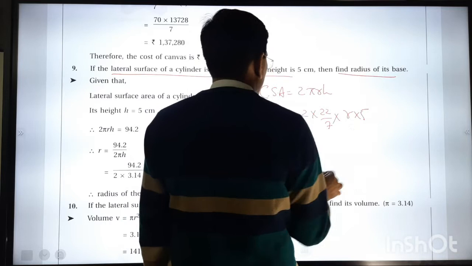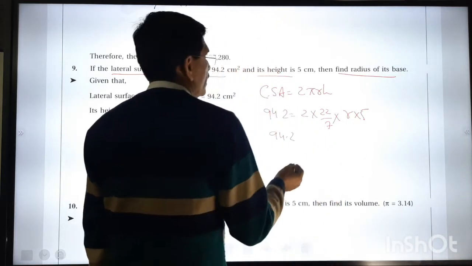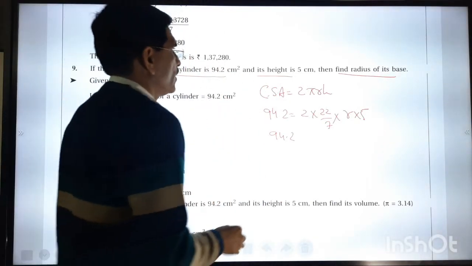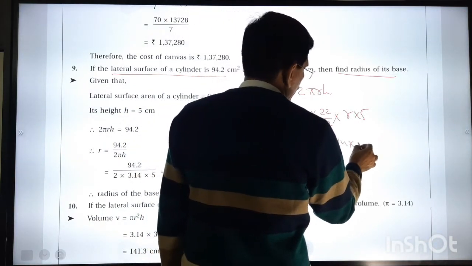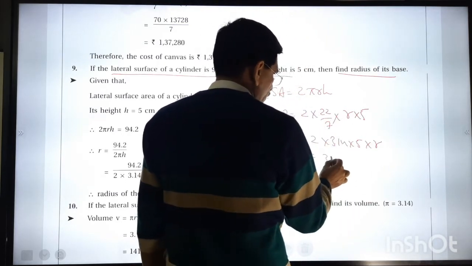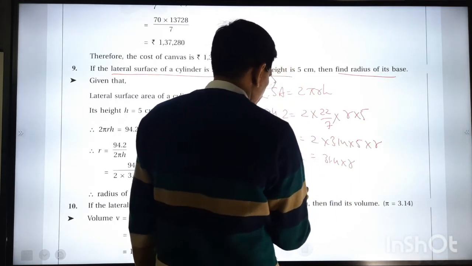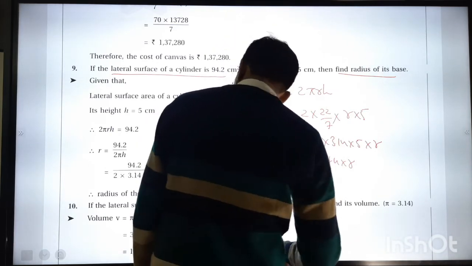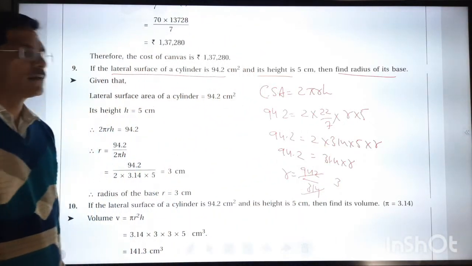Height is 5. Here the value of pi, as in the above sum, 3.14 we have to put. So 2 into 3.14 into 5 into r. So 5 into 2 is 10, so 31.4 into r is equal to 94.2. So r is equal to 942 upon 314. If you cancel, we can directly get the answer.